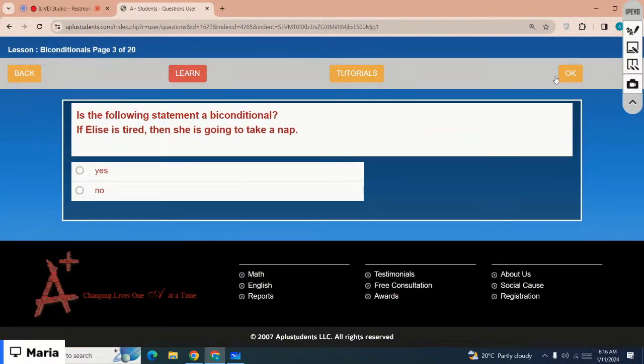Okay, the next one: is the following statement a biconditional? If Alice is tired, then she is going to take a nap. Which is the correct option?